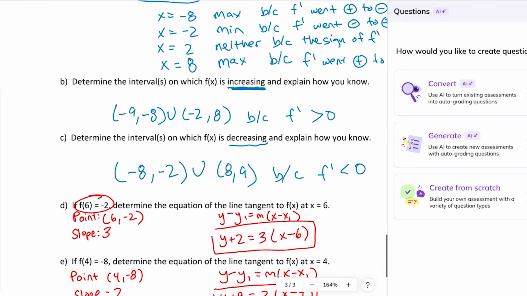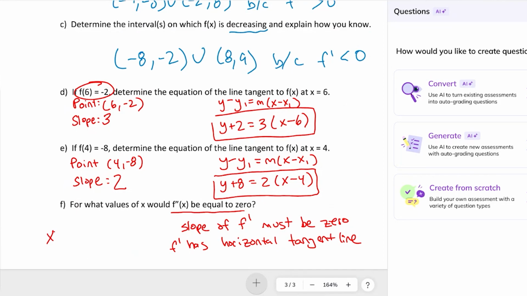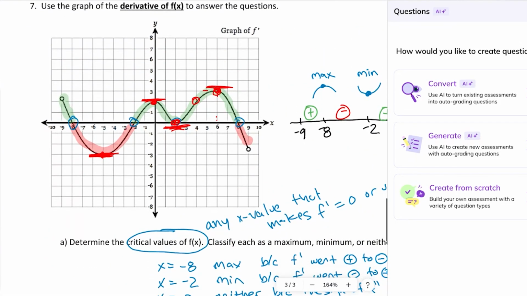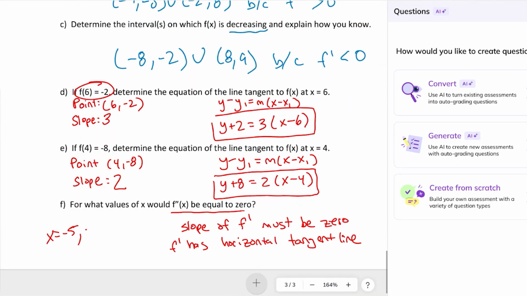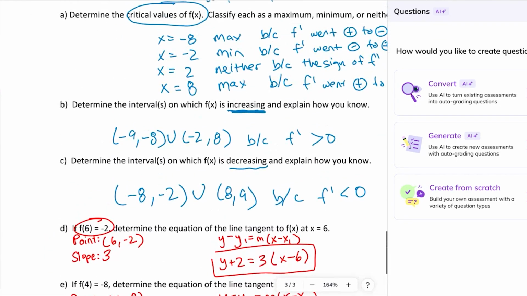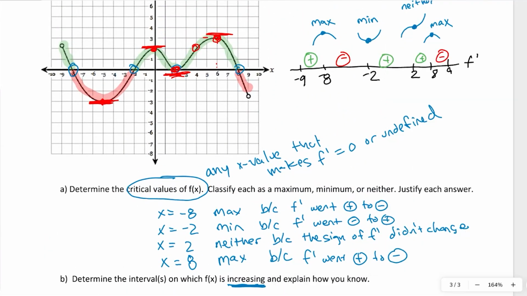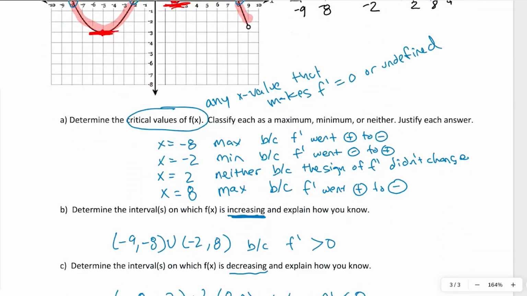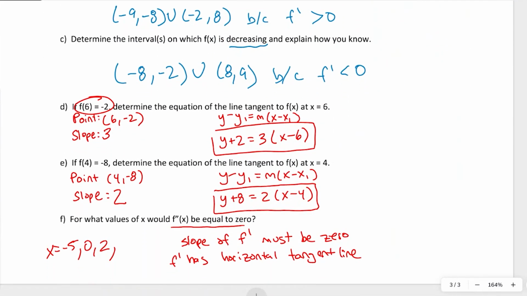Well, I'll just go back here and write them down one at a time. So x equals negative 5, 0, 2, and there was one more at 6. So on all these, the derivative of the derivative would be 0.